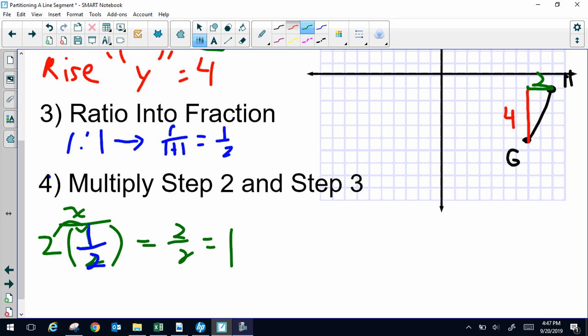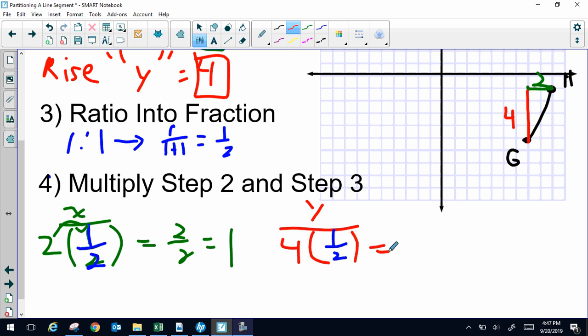If you do the y, that's going to be 4 times the fraction from step 3, which is 1/2, which gives you 4/2, or 2.